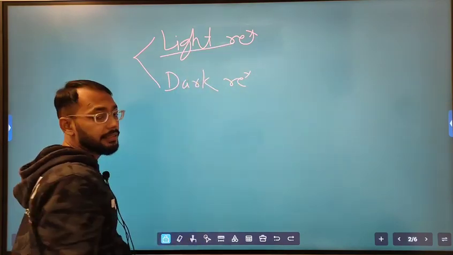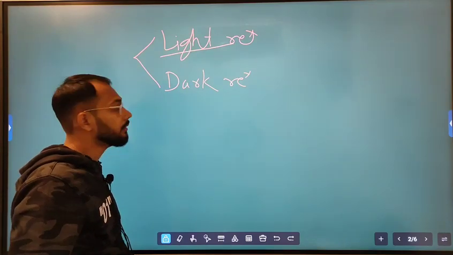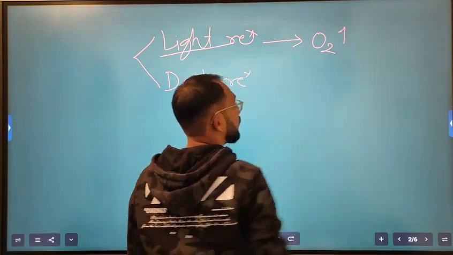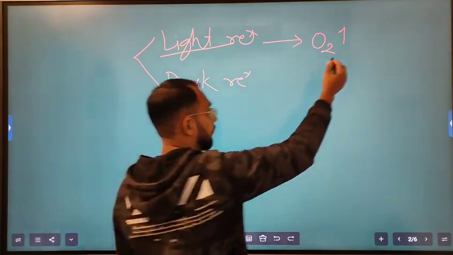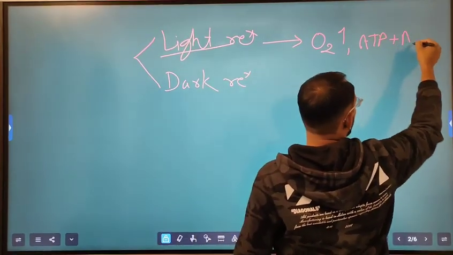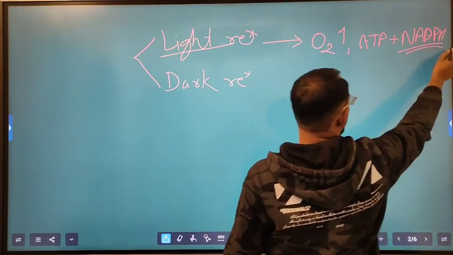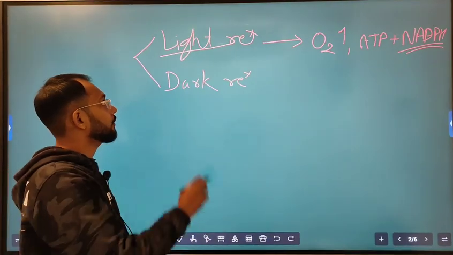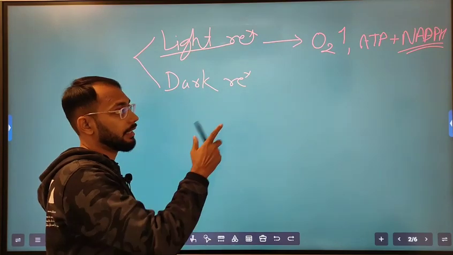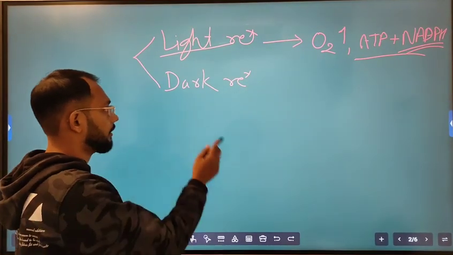In the light reaction, photolysis of water is done, and here molecular oxygen is evolved, and along with molecular oxygen, ATP and NADPH, which is the reducing power, is generated. So in the light reaction, oxygen is evolved after the photolysis of water, and ATP and NADPH are made. ATP and NADPH are used in the dark reaction.